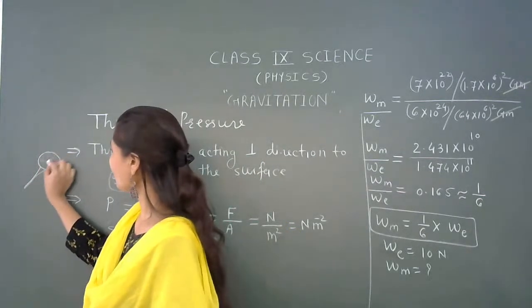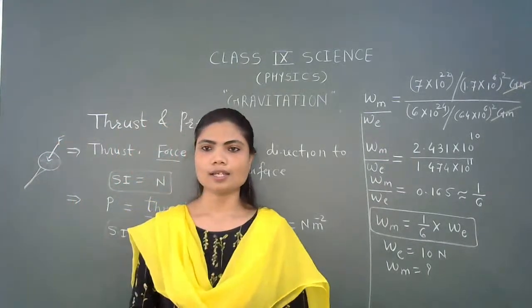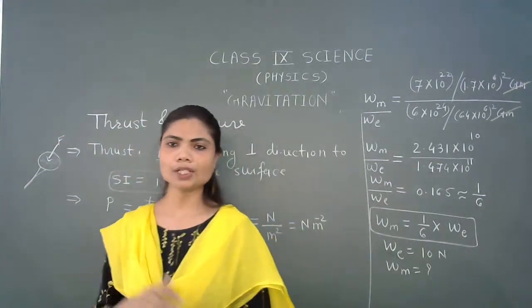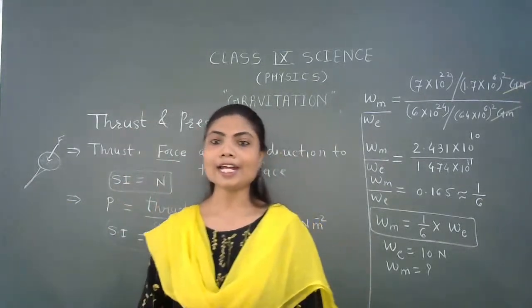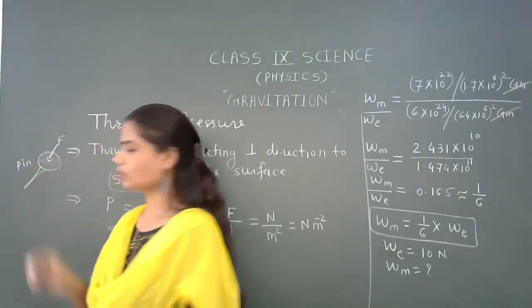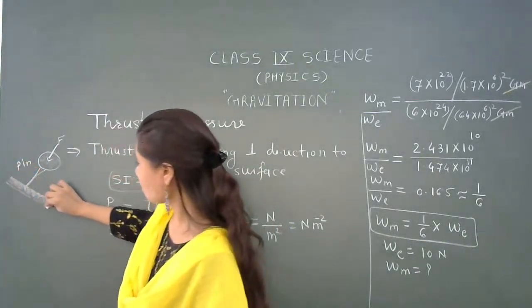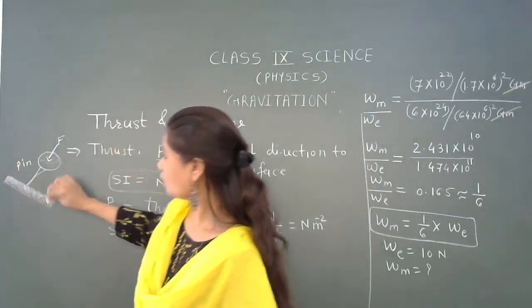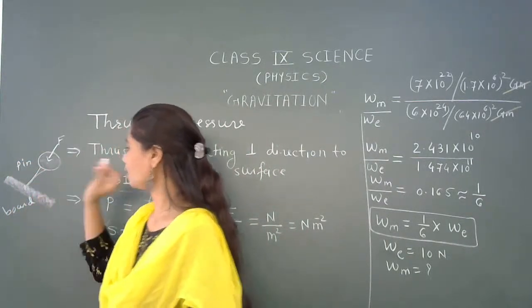You will apply the force here. Because it is in a perpendicular direction, means you will apply the thrust on the head of the pin. And this pin is in a perpendicular position to the board.